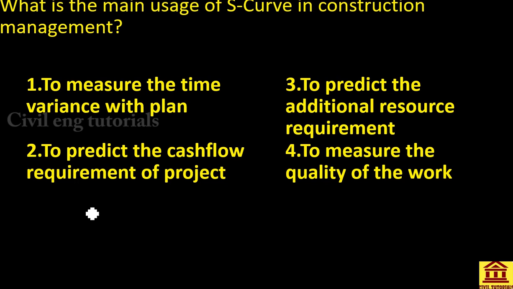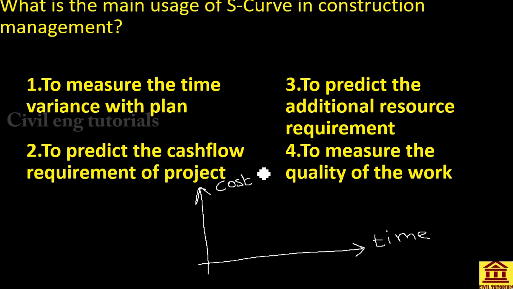In the S-curve graph, there are two axes: the x-axis, which simply means time, and the y-axis, which is cost, meaning cumulative cost.